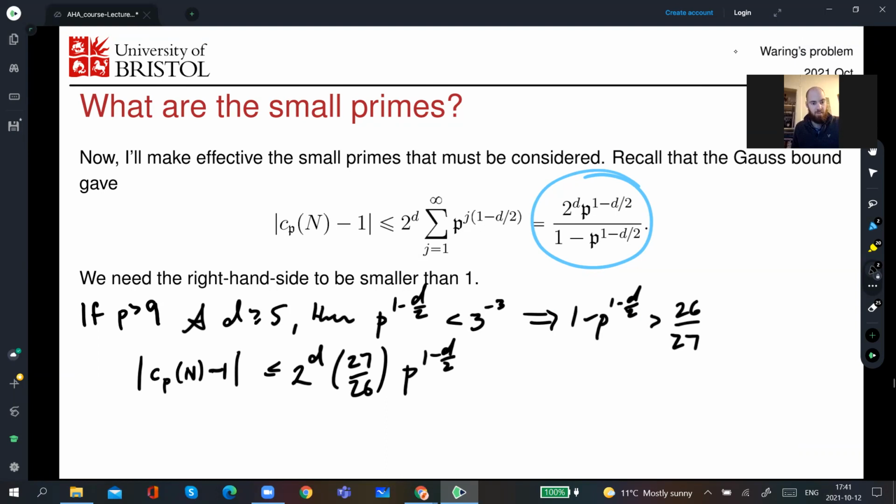Just plugging that into the above. And now you can calculate that, so what do I want to do? Right, I want to say that this is less than 1.